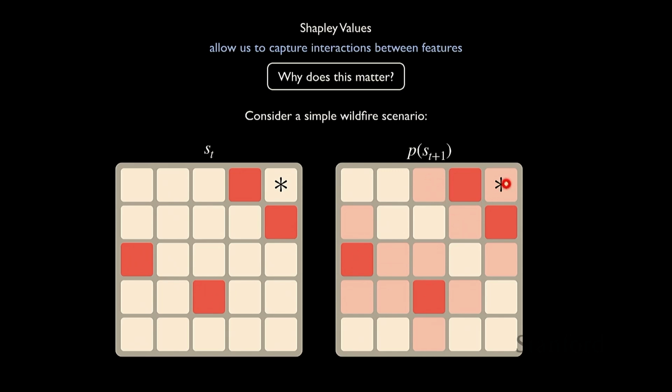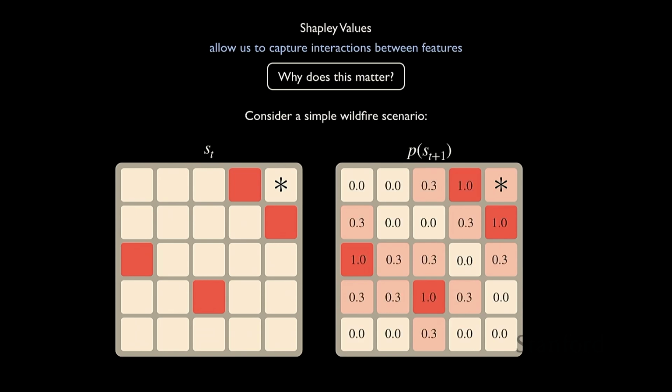And then every cell that's neighboring a cell that's burning at the previous time step has a 30% chance that it's burning at the next time step. So all these probabilities are just zeros here, and this is neighboring a cell that was burning, so it's 0.3, and so on. So basically now we can say that in the cell that we care about, the probability that it's burning at the next time step is 0.3.